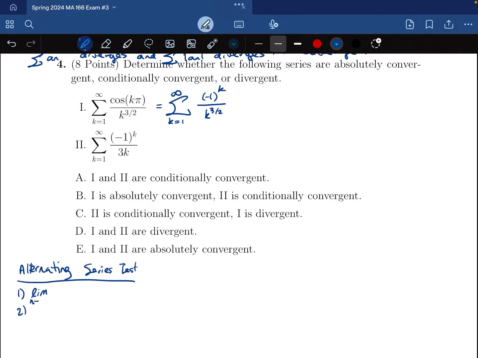The limit as n approaches infinity of the absolute value of the term has to approach 0, and the absolute value of the term has to be eventually decreasing.